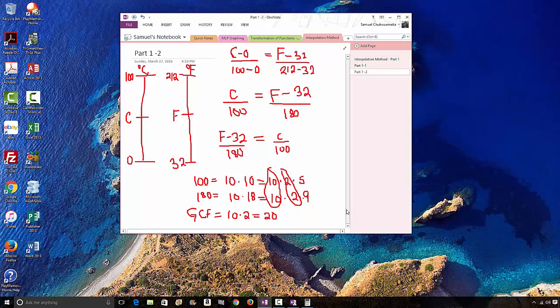So what I will do now is multiply both sides by 20, and it is still okay, because this is an equation. Whatever you do to the left hand side, you also do to the right hand side.